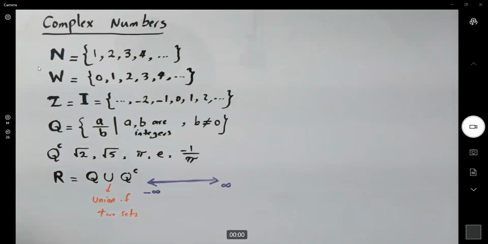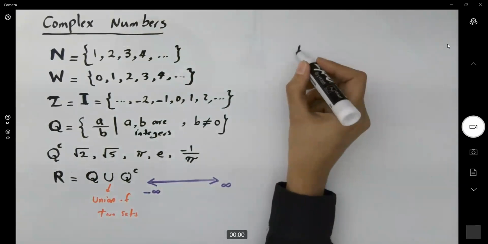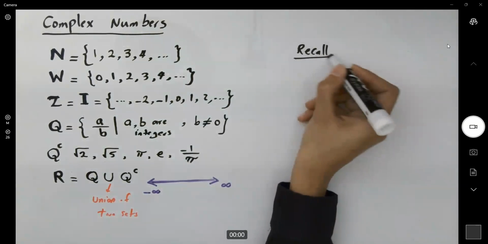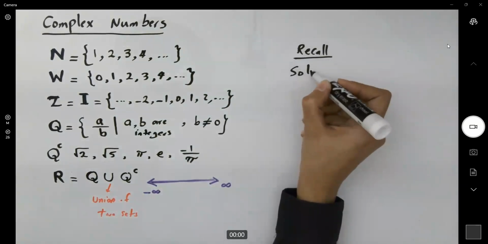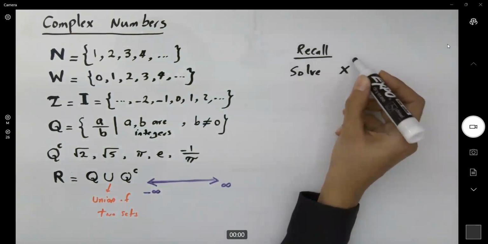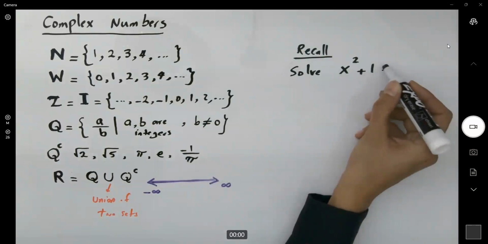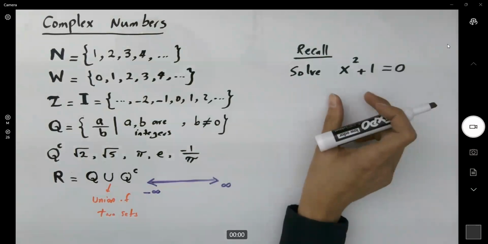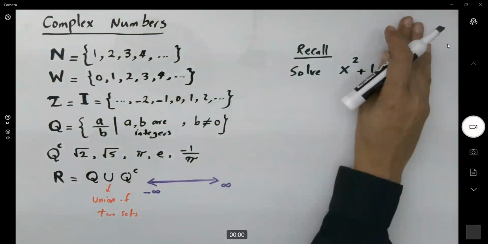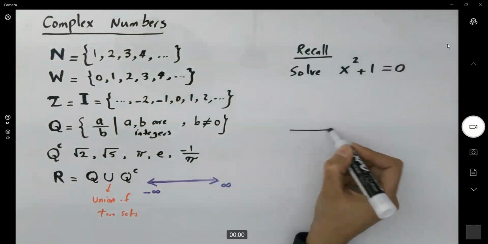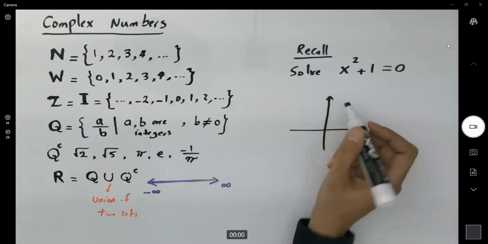So now let's start talking about solving equations. I'm going to give you the reason why we are not stopping at R and we are introducing a new system, complex numbers. When I ask you to solve an equation like x squared plus 1 equal to 0, if you look at the graph of this quadratic expression, it behaves like this.